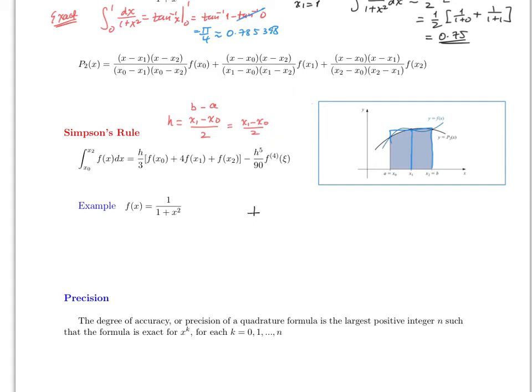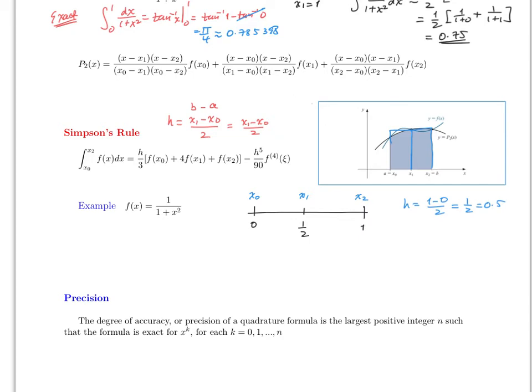Okay, so now remember that we're going from 0 to 1. And you divide this by 2, therefore this will be 1/2. So therefore this is equal to x0, this will be x1, and this will be x2. And the value for h is going to be 1 minus 0 over 2, which is 0.5 or 1/2.